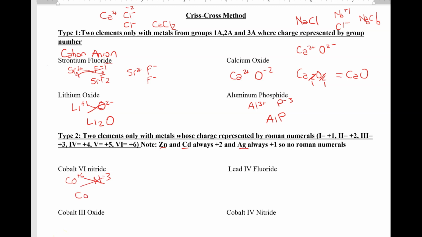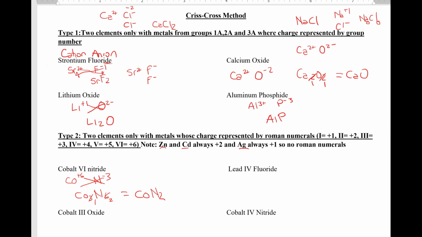Crisscross, Co3N6. Now remember, at the end of writing this, you got to make sure you can't reduce it. If you can, you reduce it. So this can be reduced. Both of these are multiples of 3. So 3 goes into 6 twice, 3 goes into 3 once. Your actual formula becomes CoN2.